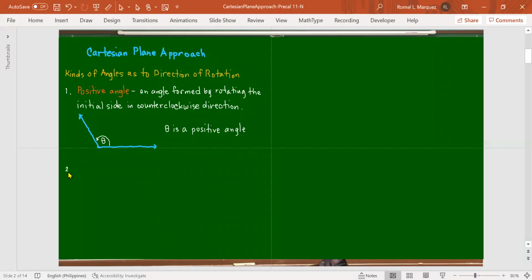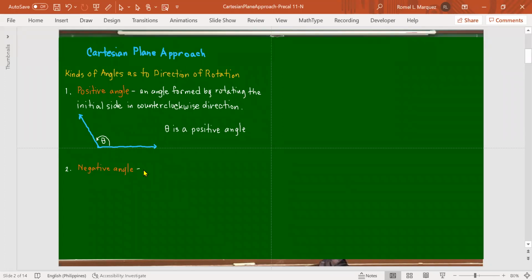Number 2, we have the negative angle. How do we define a negative angle?